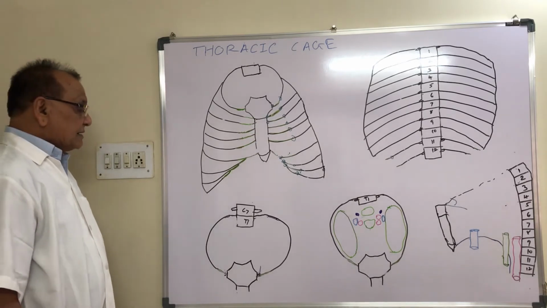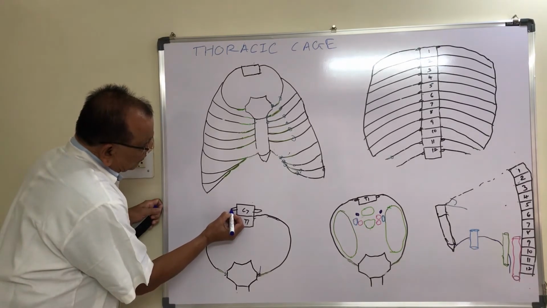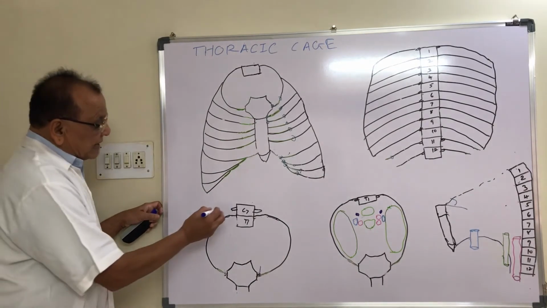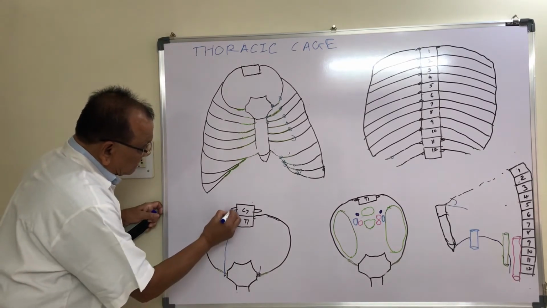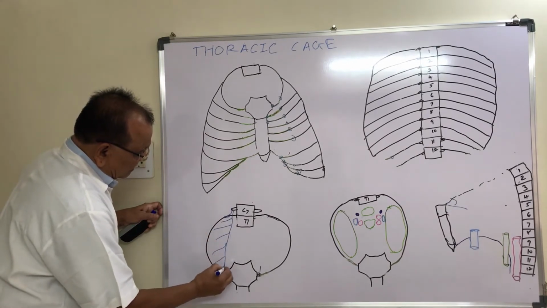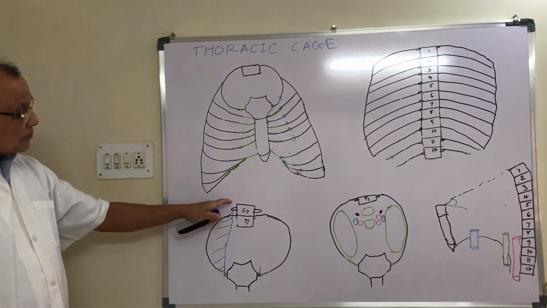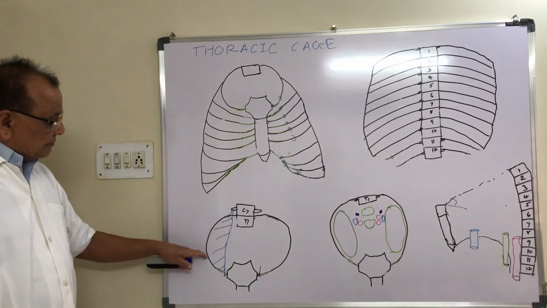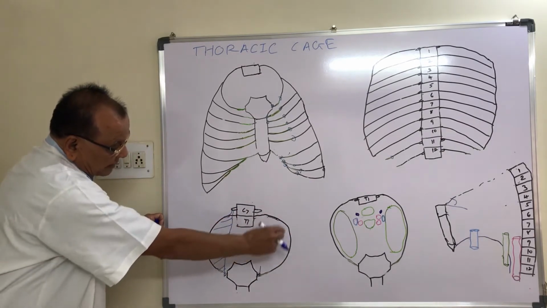It has a base and an apex. The apex of the suprapleural membrane is attached to the tip of the transverse process of the seventh cervical vertebra, and the base is attached to the inner border of the first rib and its costal cartilage. Similarly, on this side you can also draw the suprapleural membrane.